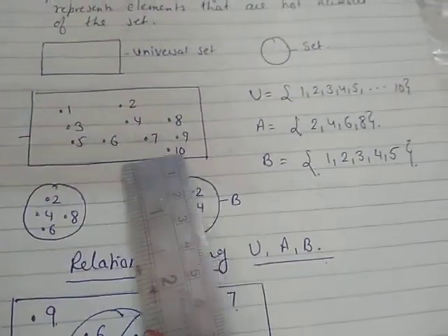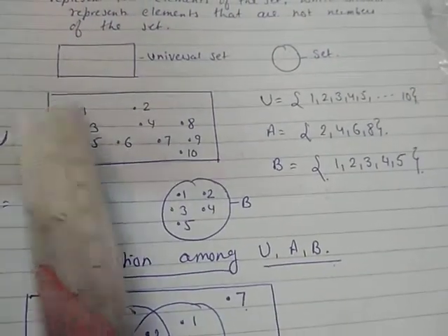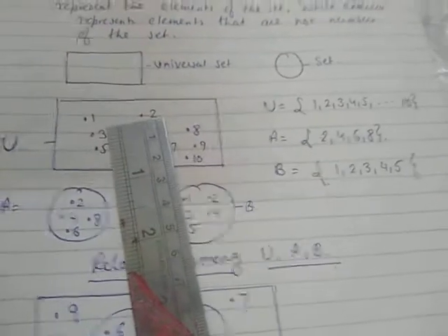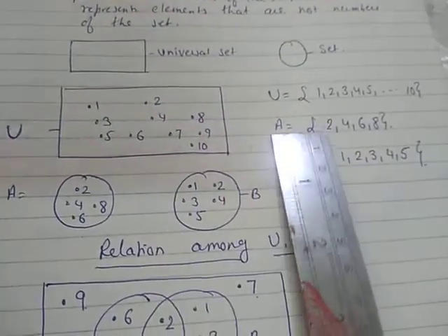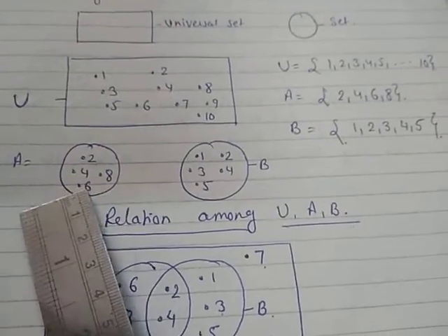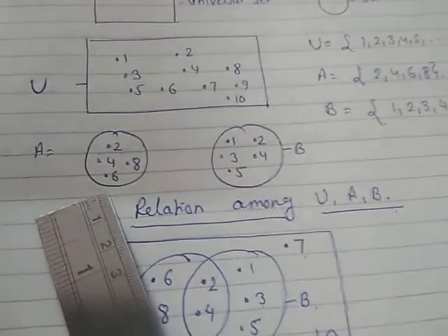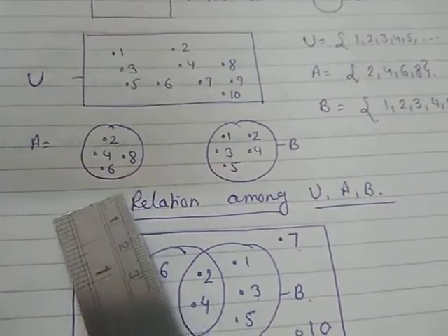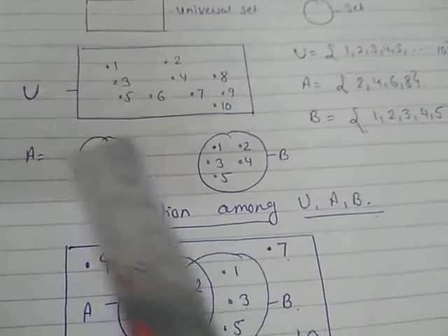The elements 1 to 10 are all present in this rectangle. Another set A is a subset of U, therefore it is represented by a circle. It has 2, 4, 8, 6. Now it is clear, A is a set whose elements are 2, 4, 8, 6 within the circle.